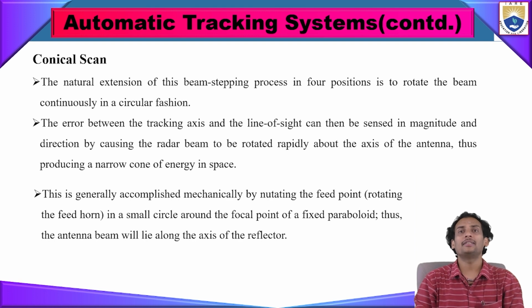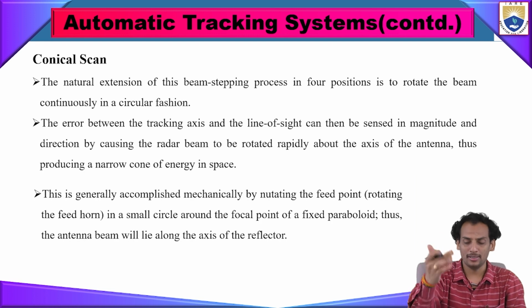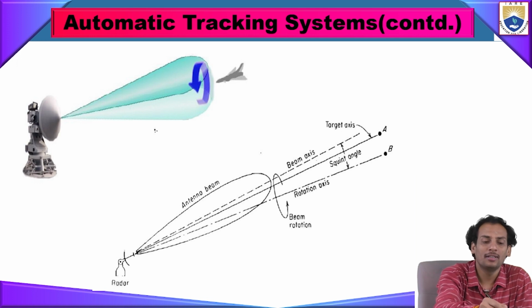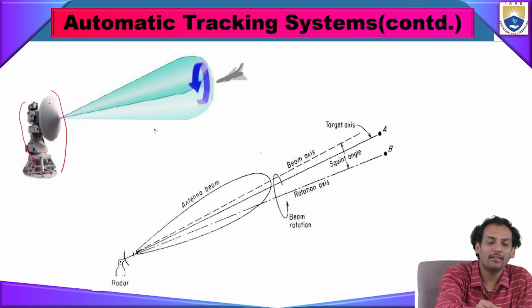This is generally accomplished mechanically by nutating the feed point, like rotating the feed horn in a small circle around the focal point of a fixed paraboloid, and the antenna beam will be along the axis of the reflector. If you see in the picture, here the radar is there, and here the paraboloid axis and focal point.